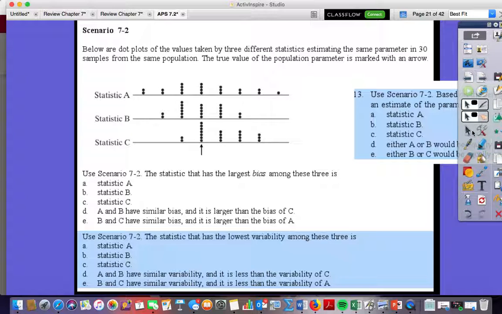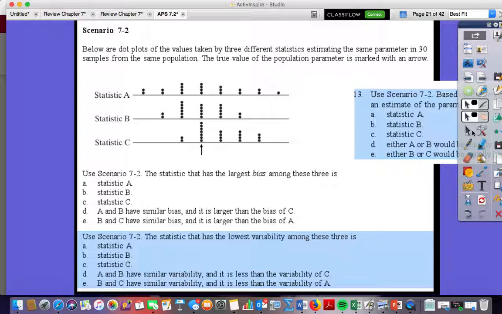It'd be the bottom one. The center for this one would be about there, and same thing here. So the smallest bias, right? We can talk about that later on. But the largest bias is the one that would have the center not on the true parameter. Does that make sense? This center would be over here.